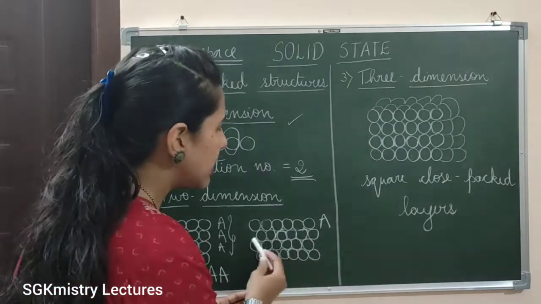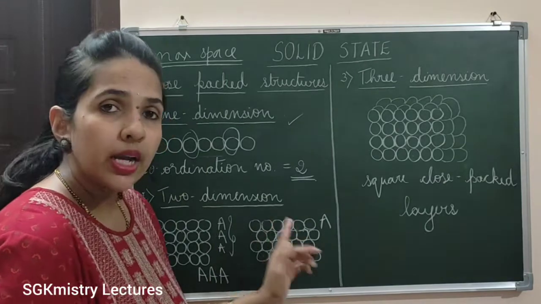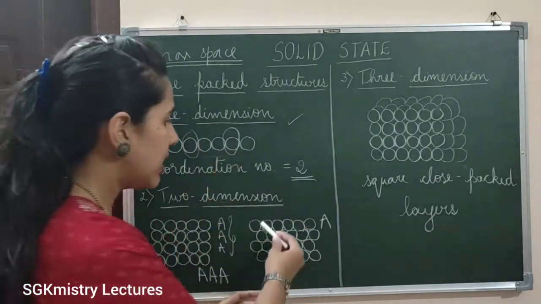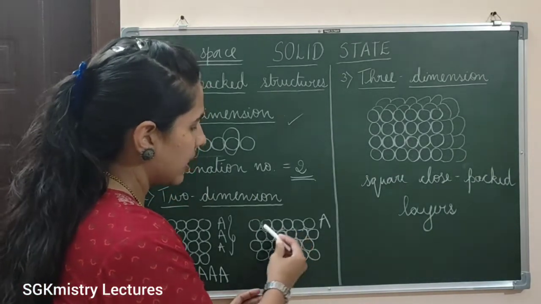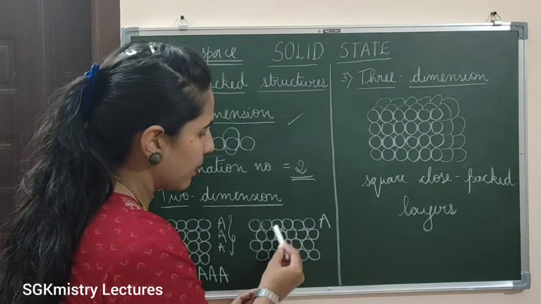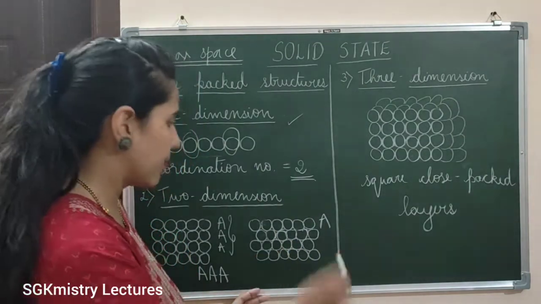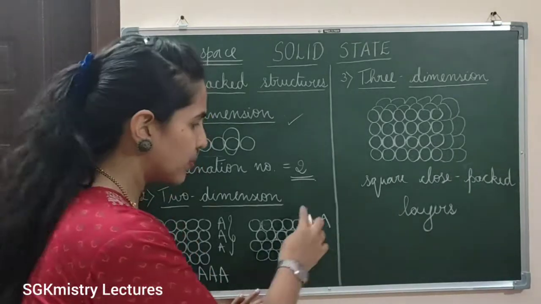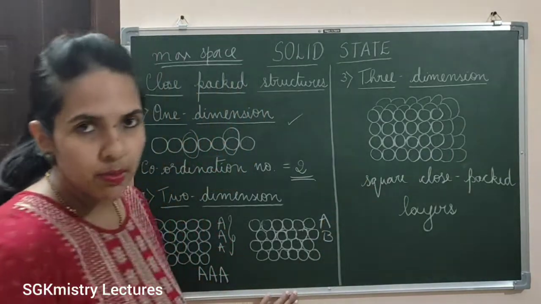So in that way the second layer is arranged, so that in between the 2 particles of the first layer, 1 atom or 1 particle of the next layer is arranged. Exactly in between the 2 particles of the upper layer, the lower layer has the constituent particle in between them. So the second layer has a different arrangement when compared to the first layer. So let me name it as B.